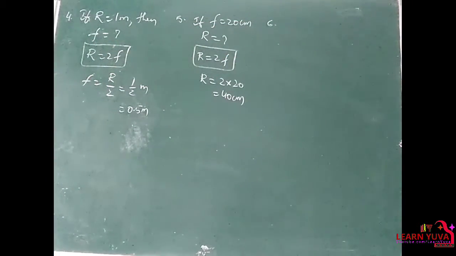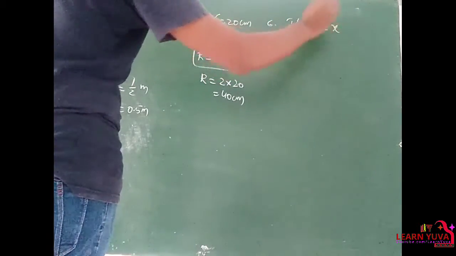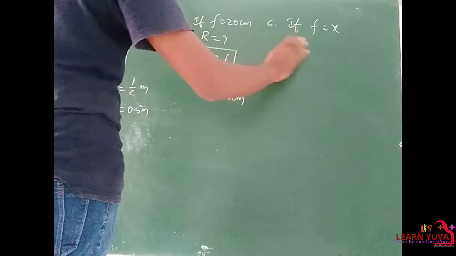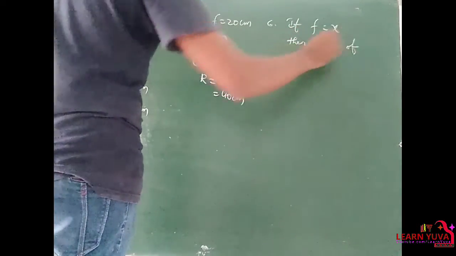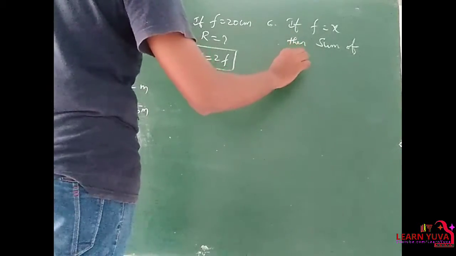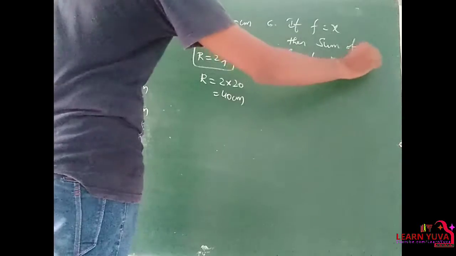Next. If f is equal to x, then what is the sum of focal length and radius of curvature?